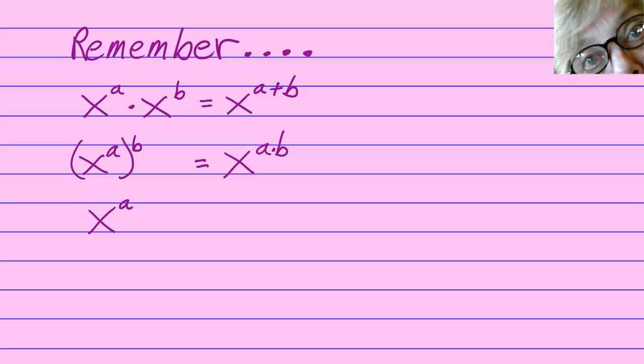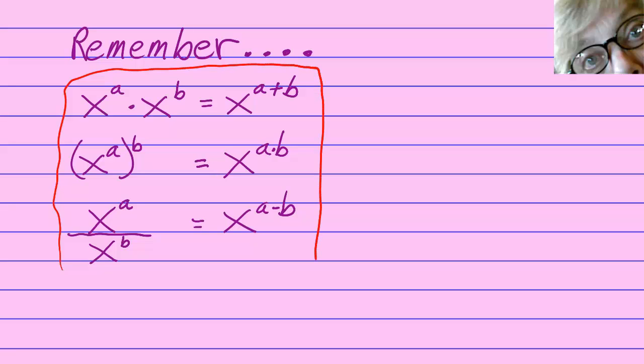When you divide like bases, you subtract the exponents. These are the basic rules of exponents that you've learned before.